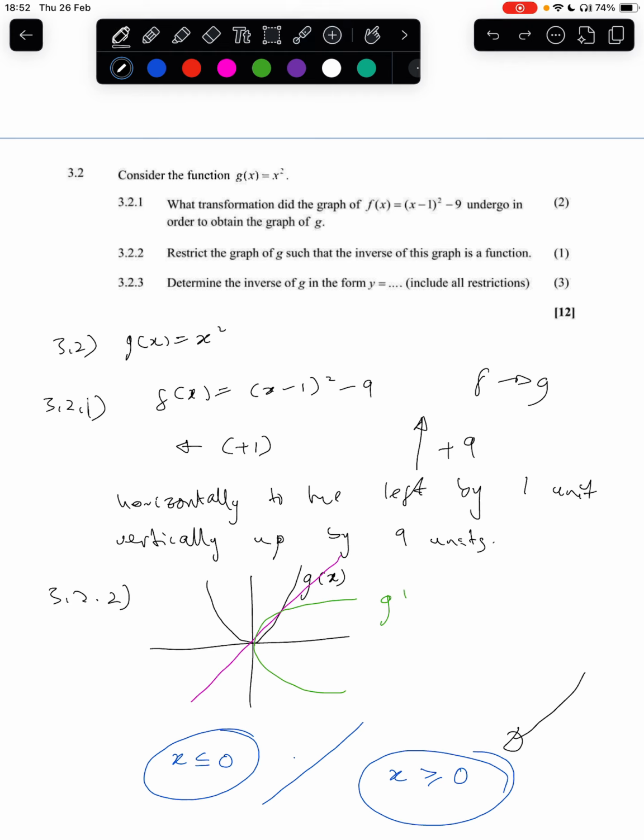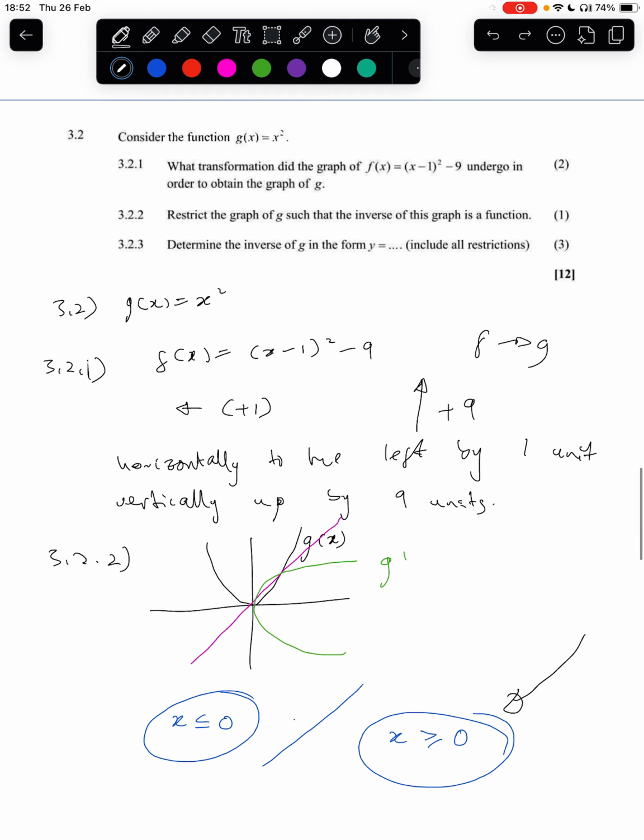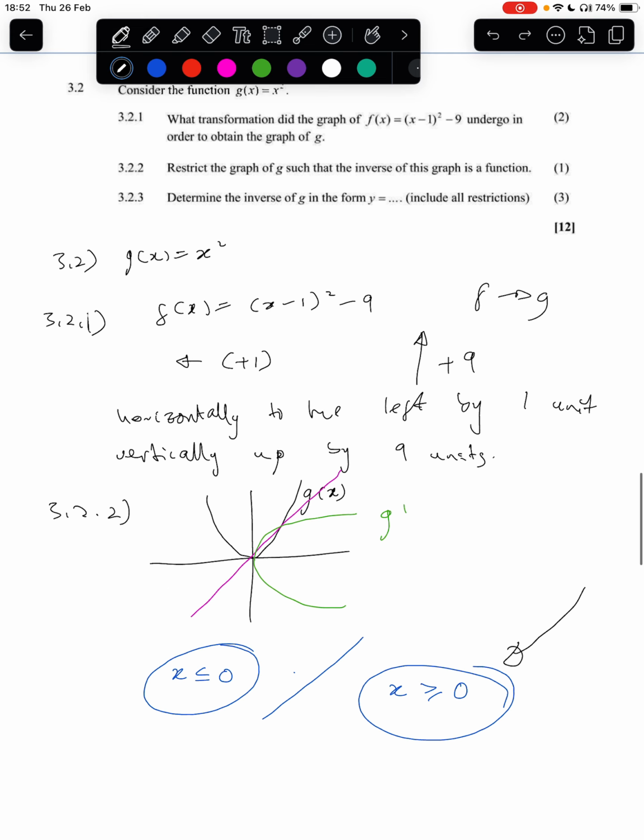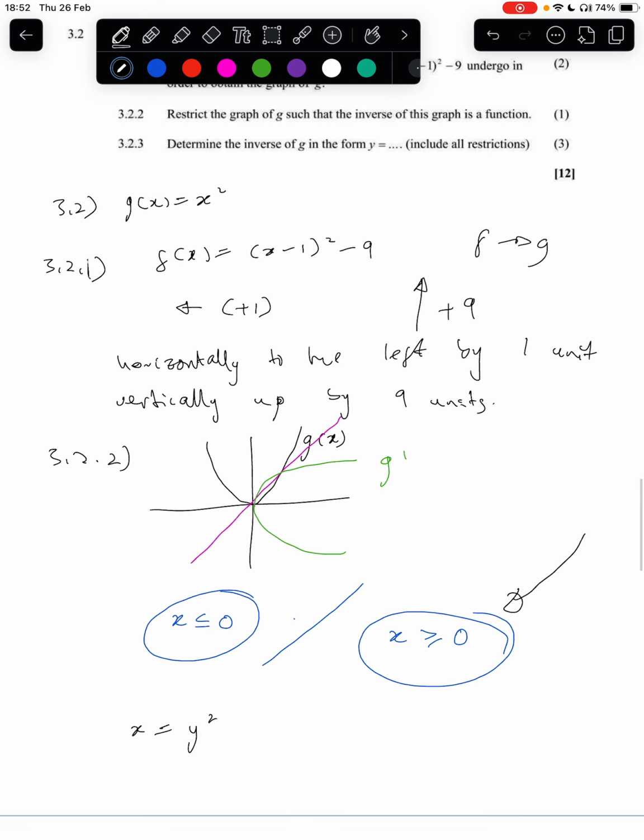Okay? So, 3.2.3. Determine the inverse of g in the form y equals this. Include all restrictions. Okay, so for this one, inverse, we swap x and y. And we do what? We take the square root.